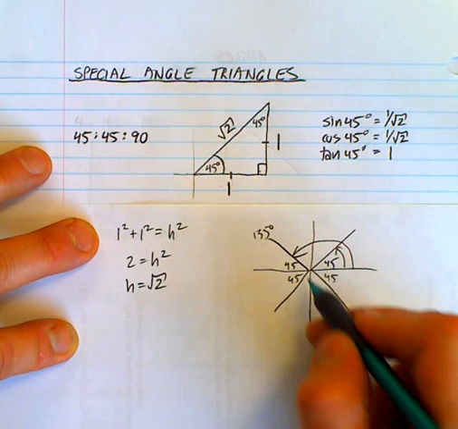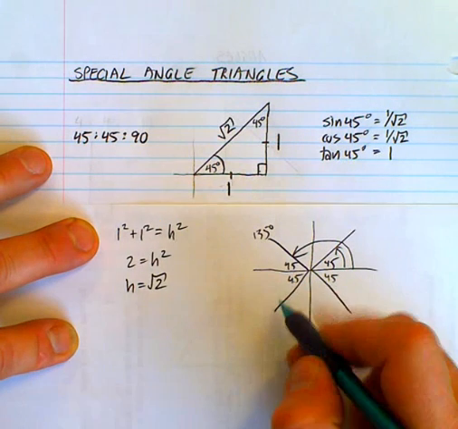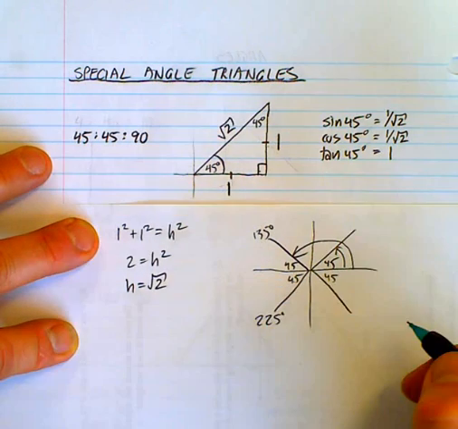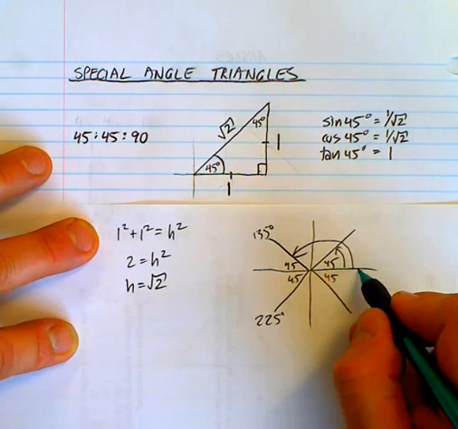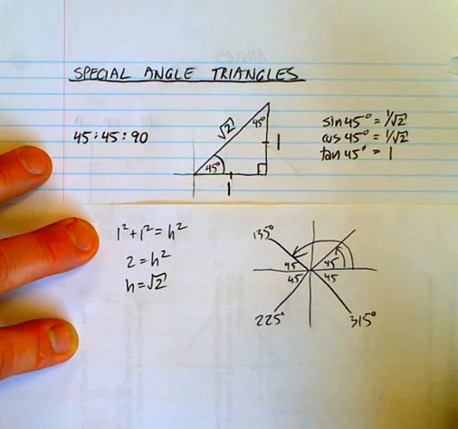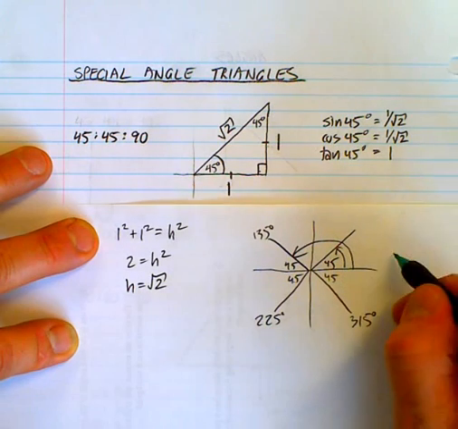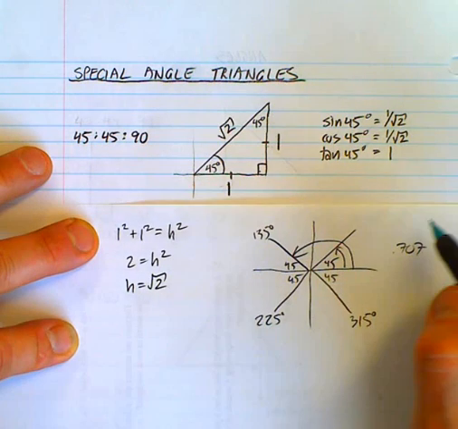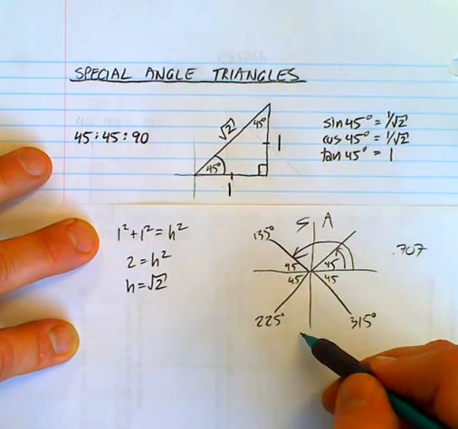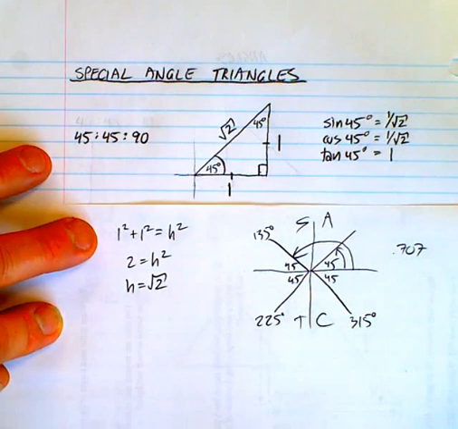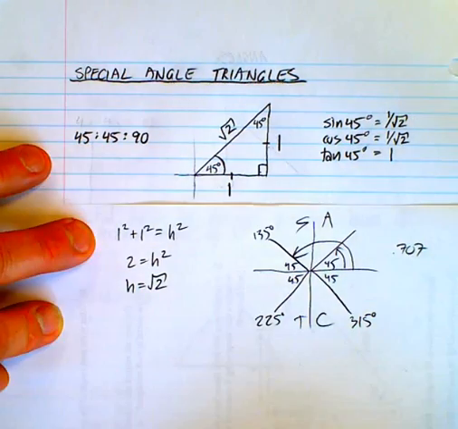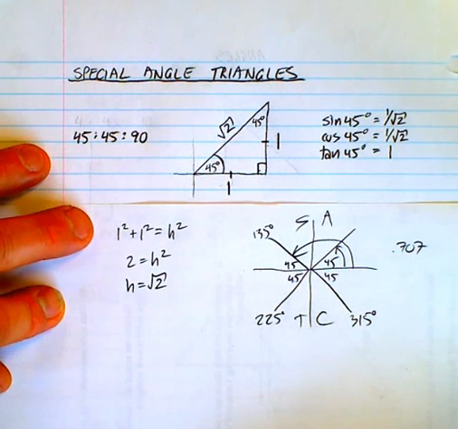Now, with this reference angle, 180 plus 45, this is 225 degrees. And this is 360 minus 45, so this is 315 degrees. So they're always going to equal 0.707, but you've got to remember the signs for sine, tan, cos. We're going to get to these types of questions very shortly. I just wanted to quickly show you what that's all about.